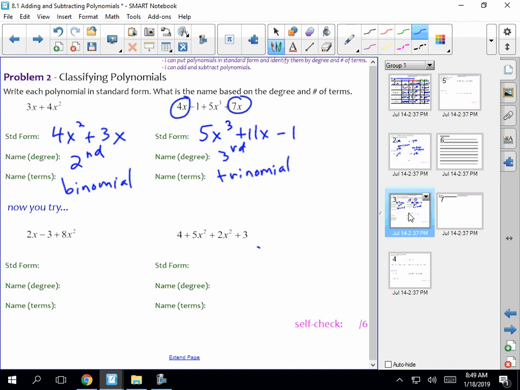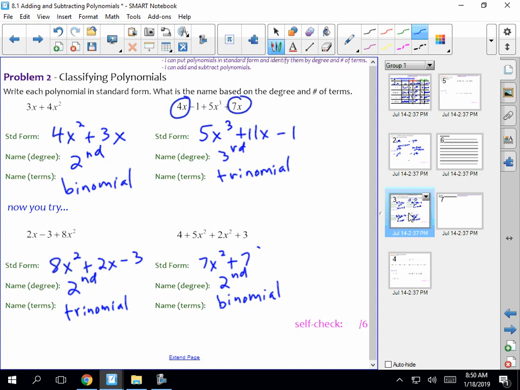Try the ones down here. Let's see if it matches what I get here. Try it on your own and see. Look up and check. In that second one, once you combine the like terms, it ends up being only a binomial.